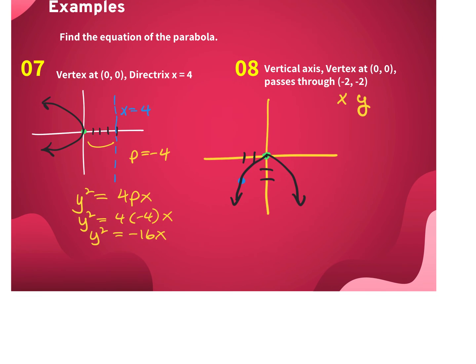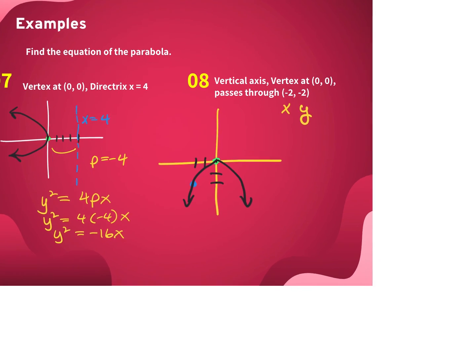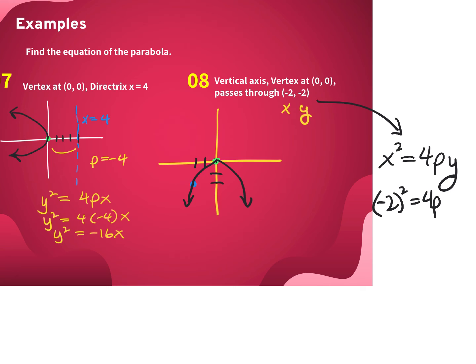So because it's up and down and the vertex is at 0, 0, I can use the simpler formula. So I can use the x squared equals 4py. But I'm going to plug in the ordered pair for x and y. So my x is -2. I don't know p, and my y is also -2.